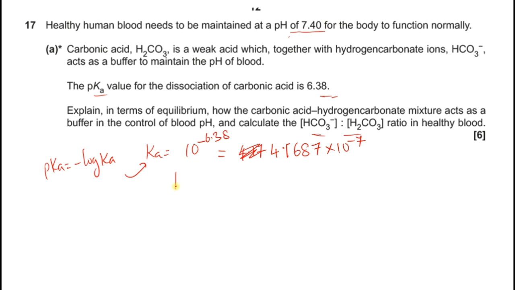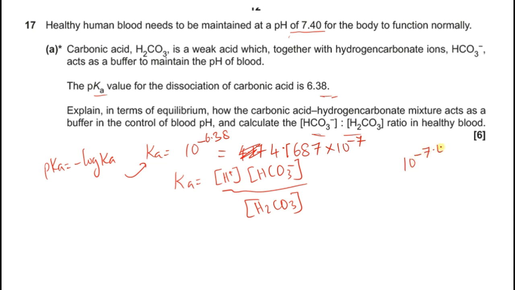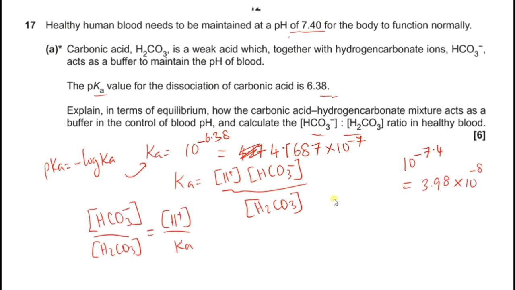So let's write the Ka expression first of all, which is H plus times HCO3 minus divided by H2CO3. Right, so we have the hydrogen ion concentration by doing 10 to the power minus 7.4. Okay, so I've got the Ka expression.